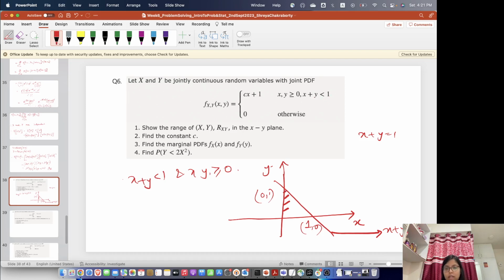So we are talking about this shaded area. This is the range of xy, this area shaded in blue. This is the area that we are interested in.